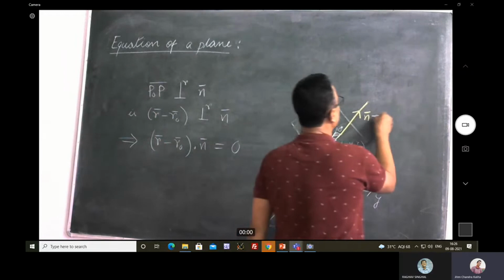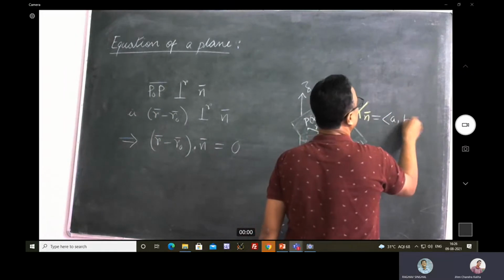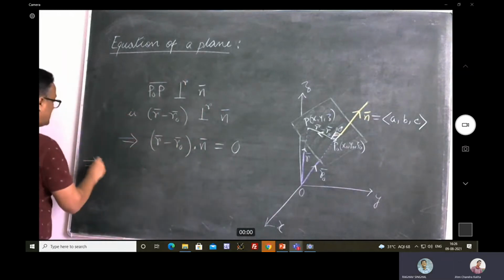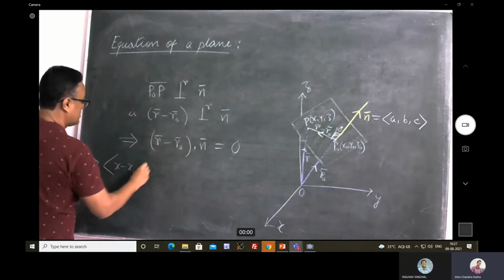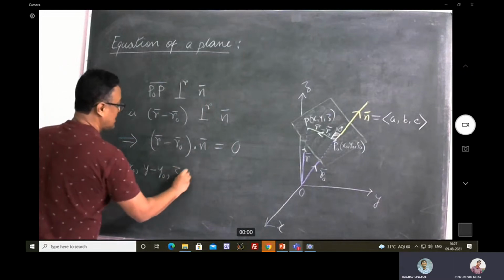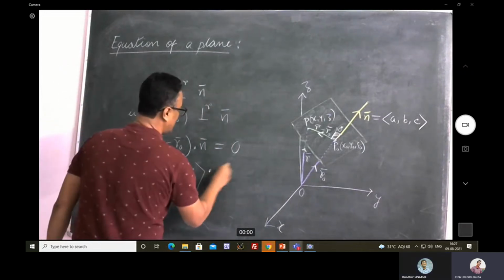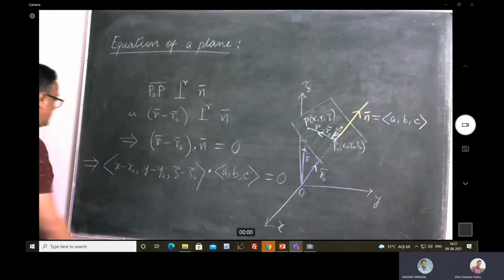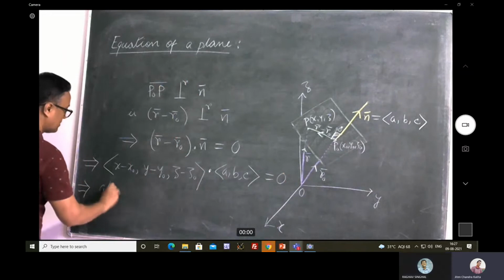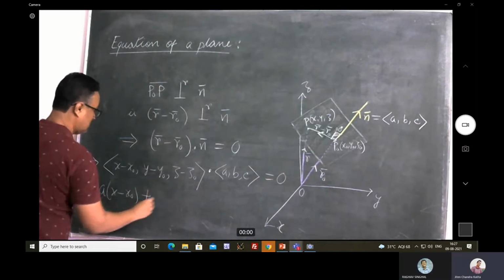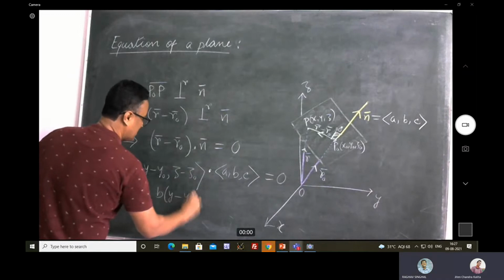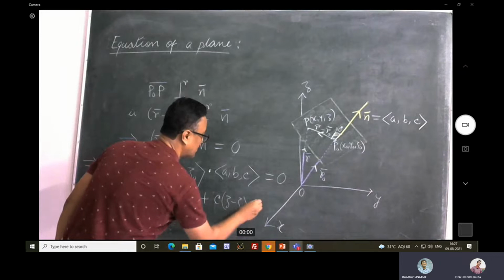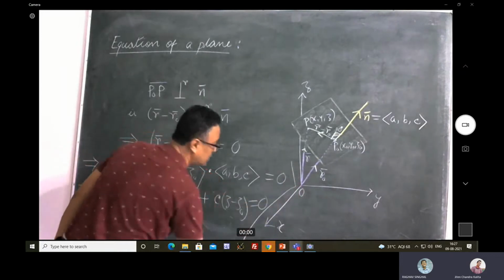And if the components of N are given as A, B, C, then we get (x minus x naught, y minus y naught, z minus z naught) dot (A, B, C) equals zero.